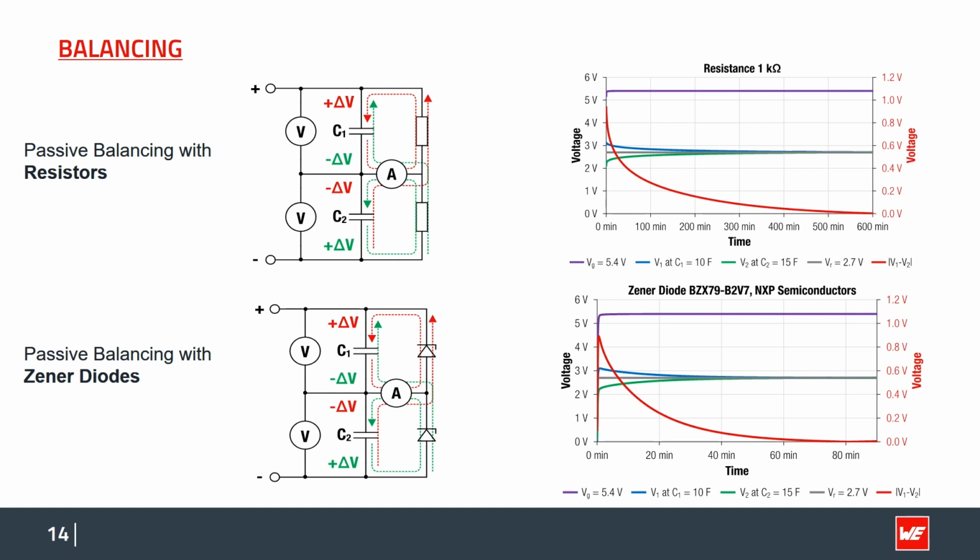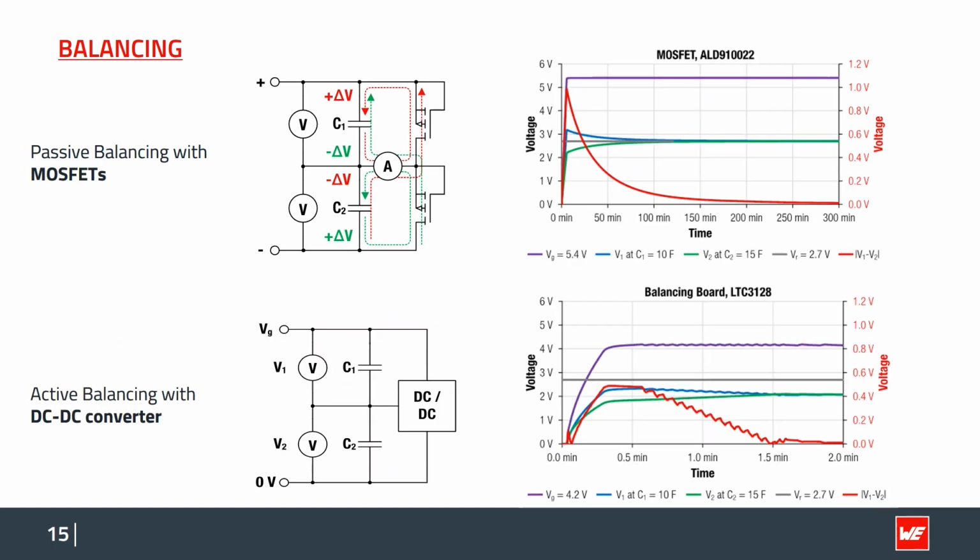Faster, but still not expensive, is the balancing with diodes. It is about a factor of 10 faster than the balancing with resistors. And they prevent reverse voltage. So it's a solid strategy. Even faster is the balancing with MOSFETs and the active balancing with a balancing board, which is shown on this slide.